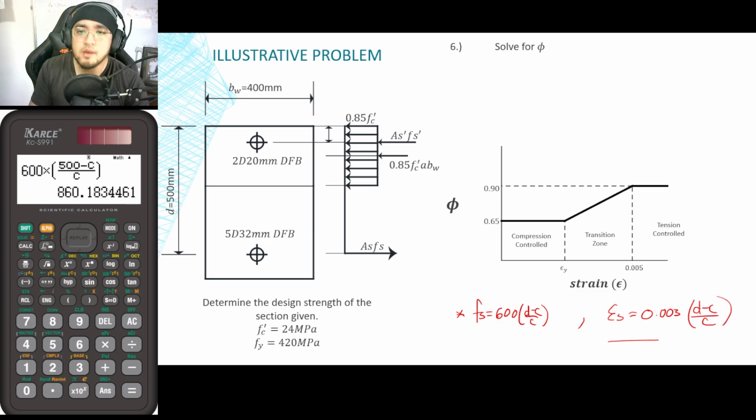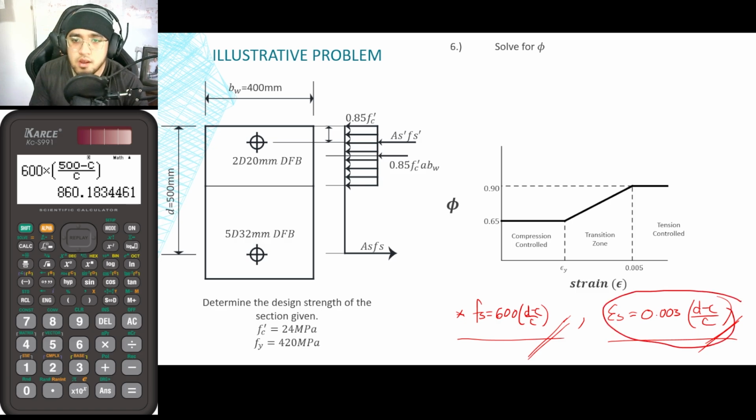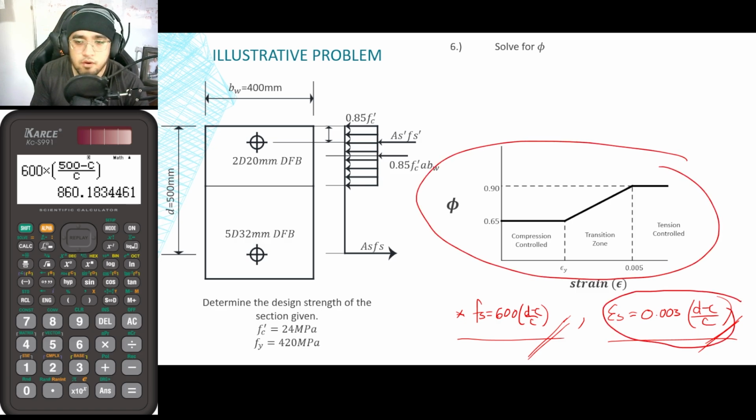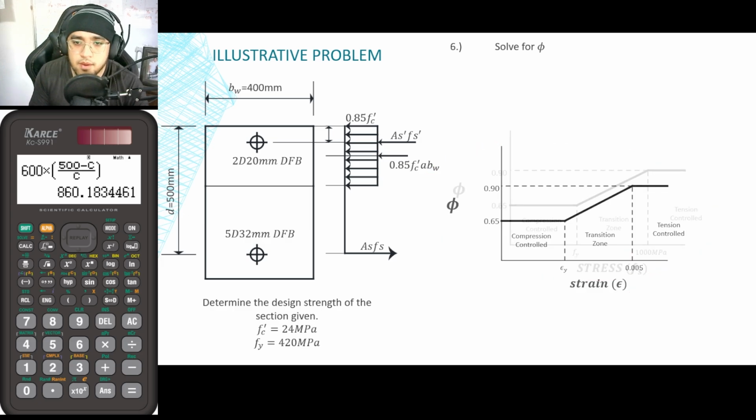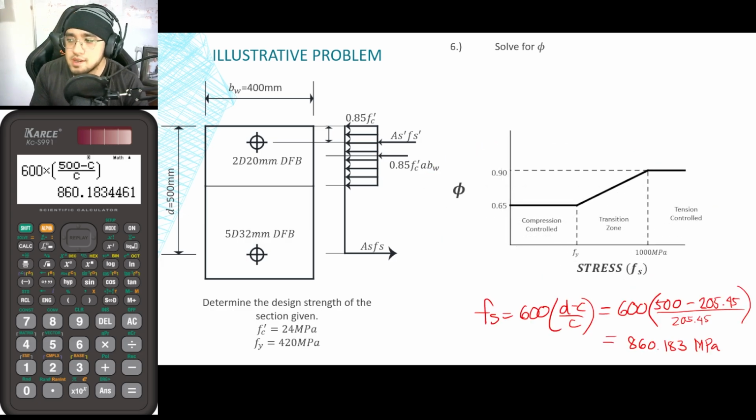So once again, you can make use of this equation. If you do not want to make use of this equation, just take note that if you would be making use of this equation, this is now your table, or the table that you will be referring to. That is in terms of 0.005. But once again, I would rather have this because I just want this to be my basis.